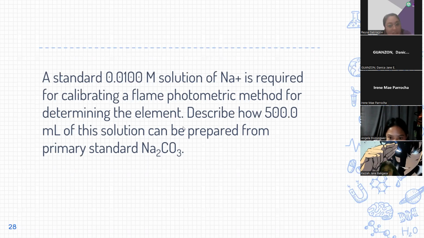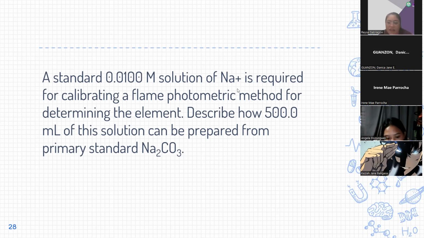Sige, this is a new set of problems here. Starting from here, class, it's a new set of problems. What is different about this? Let's try to understand the problem. A standard 0.01 molar solution of sodium ion, this is sodium ion, I just didn't put the positive sign as superscript.